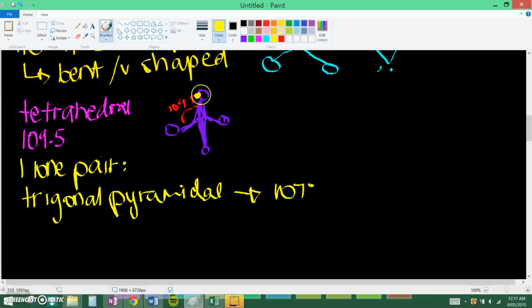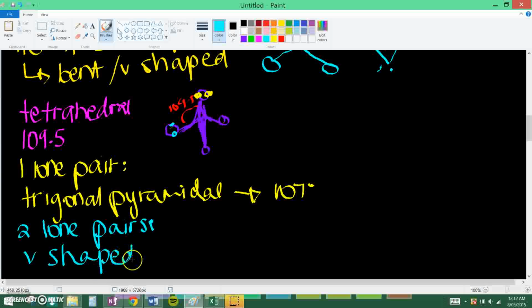Basically this turns into a lone pair, and you can see that it takes the shape of a tripod. Now if you add another lone pair, say if you made this one a lone pair also, two lone pairs, it would turn into V-shaped again.